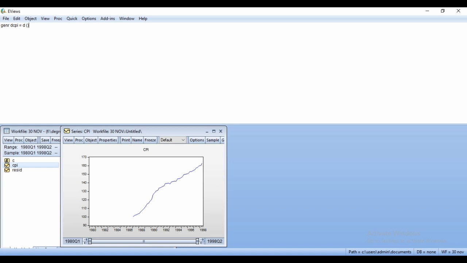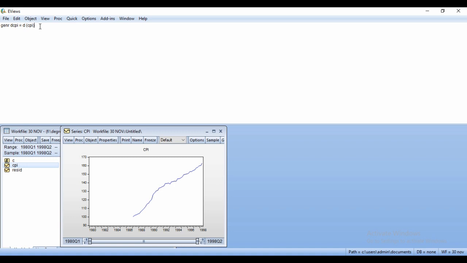So you have to write this command. What does this command mean? It means generate a dcpi variable that is equal to difference of cpi. D stands for difference here, so it is written as a command here.